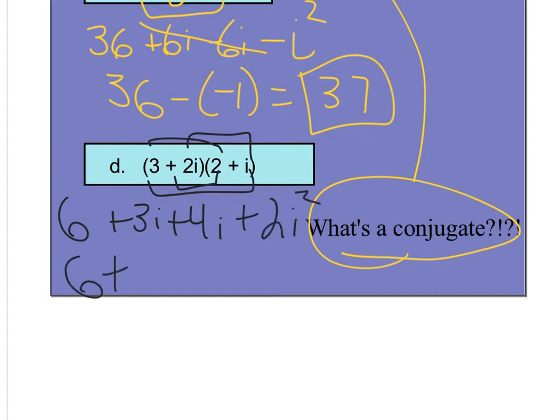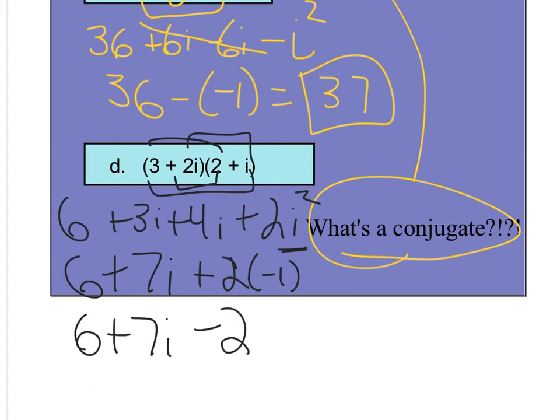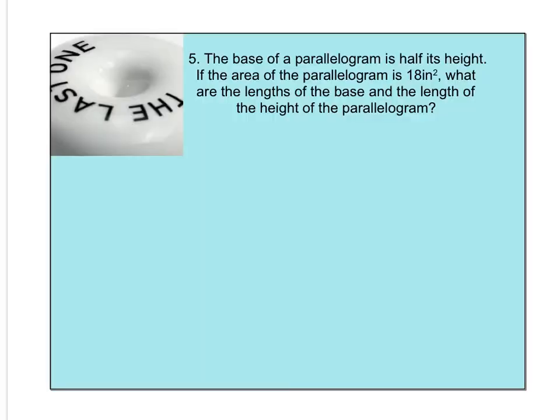So that's going to be 6 plus 7i. i squared, remember, is negative 1, so I go plus 2 times negative 1. So that's going to give me a minus 2. So I have 6 plus 7i minus 2. So my simplified answer is going to be, sorry, back up, 4 plus 7i. There's my answer right there. That's as far as I go.